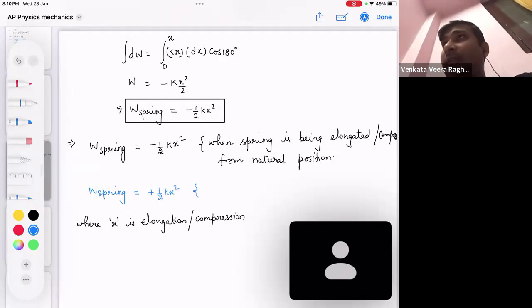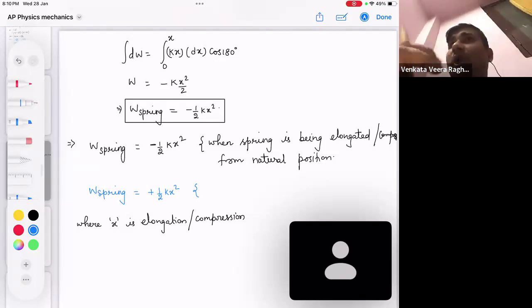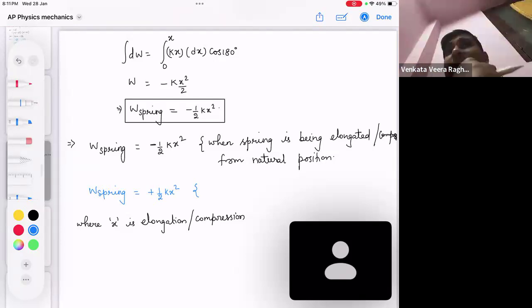And when will the work done be positive? When the spring is already in the elongated position or already in the compressed position, and now it is brought back to the natural position. Understood?